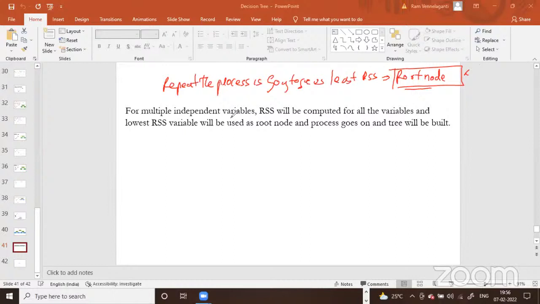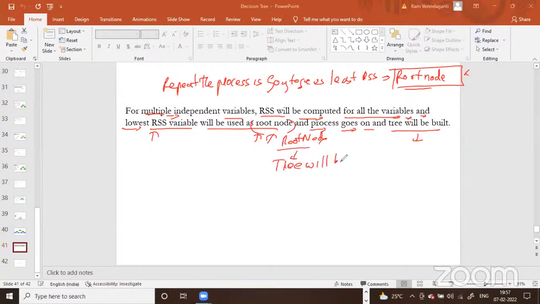So for multiple independent variables, what is the method? A residual sum of squares will be computed for all independent variables, and whichever variable is giving the lowest residual sum of squares will be used as the root node for us. And the process goes on, and the tree will be built using this root node.